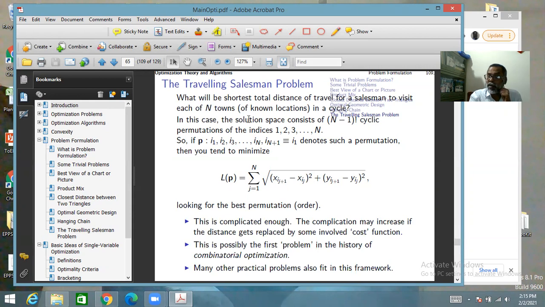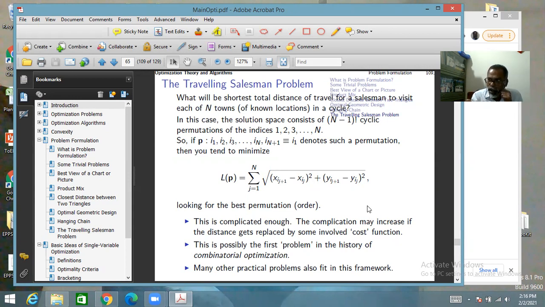The traveling salesman problem is a very famous problem. It is complicated, and there are some algorithms to solve it, and you can experiment with them. The complication may increase if the distance gets replaced by some cost function, which is complicated.